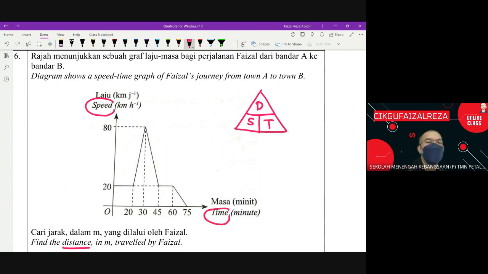But what? The time is in minute, for our speed in hour. Cannot lah.